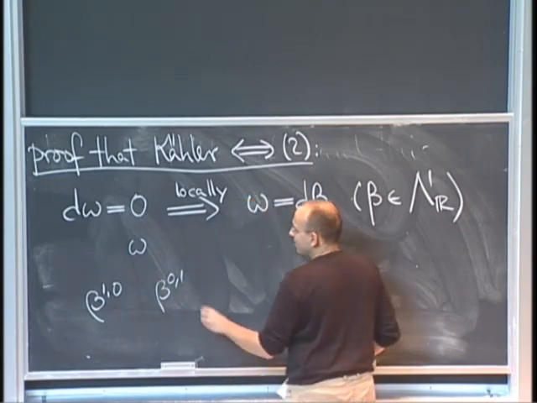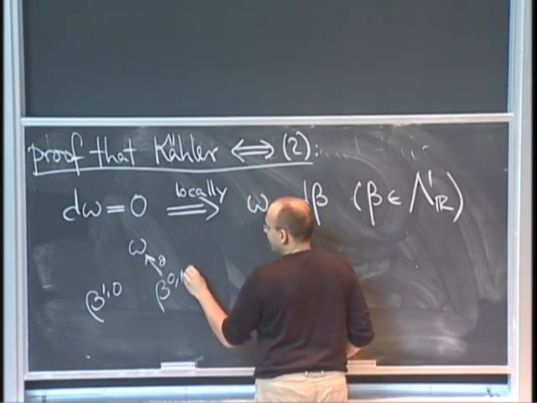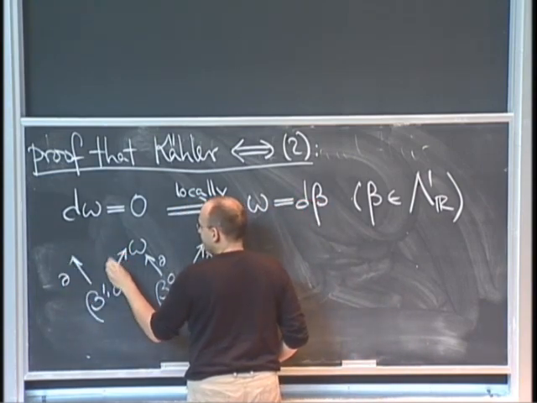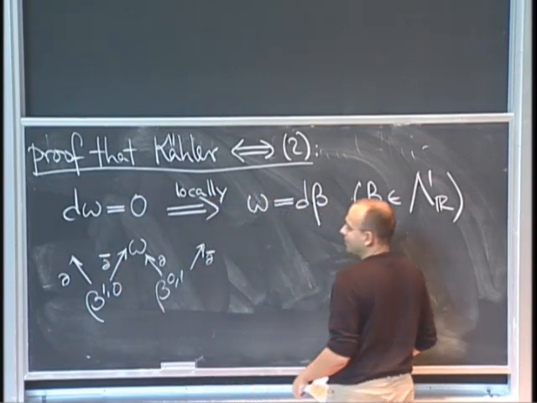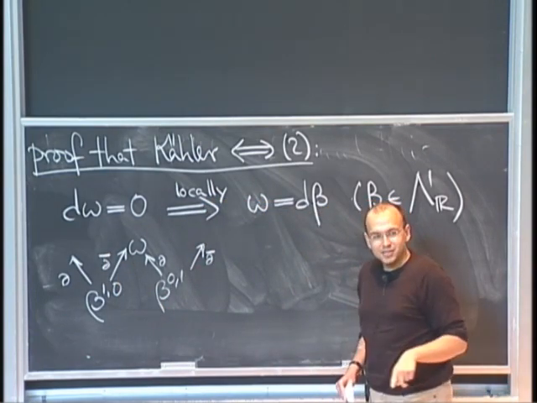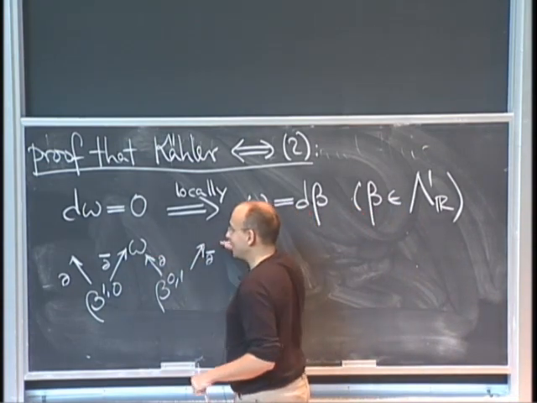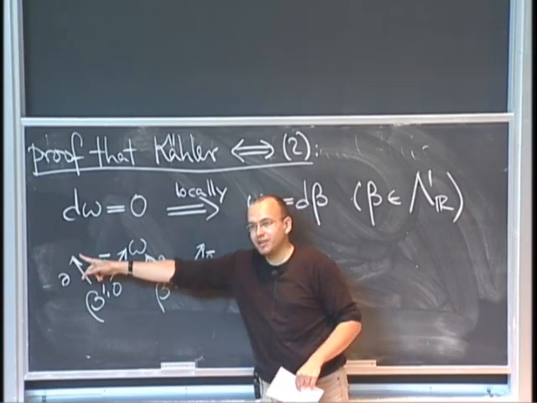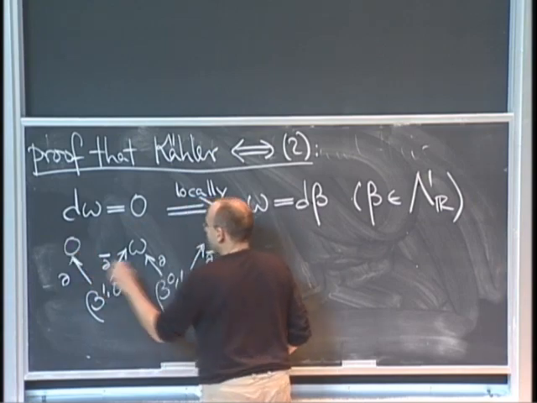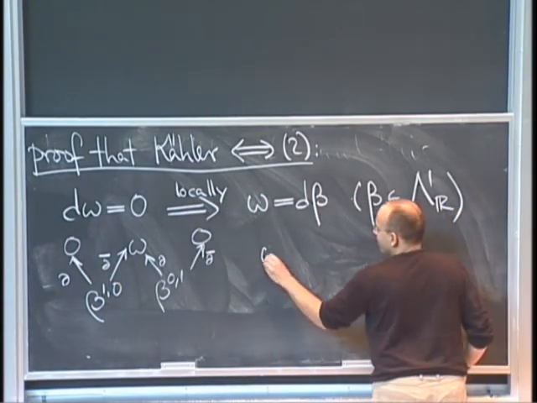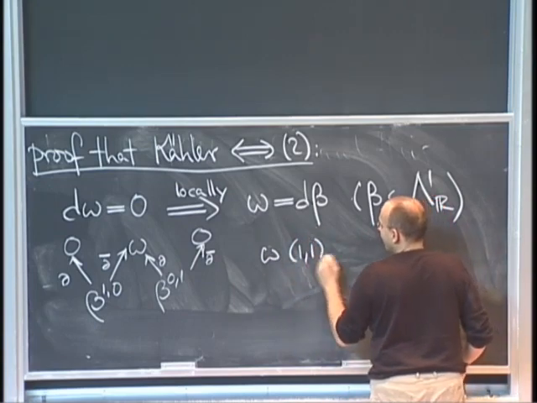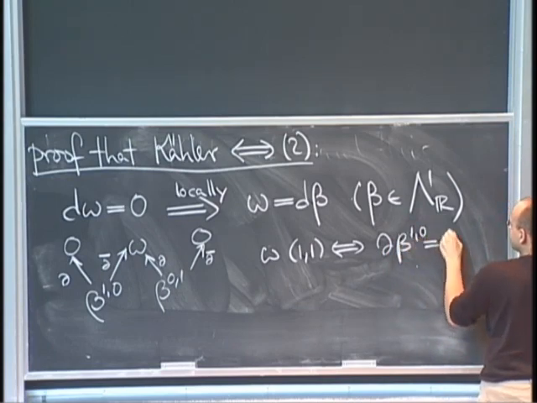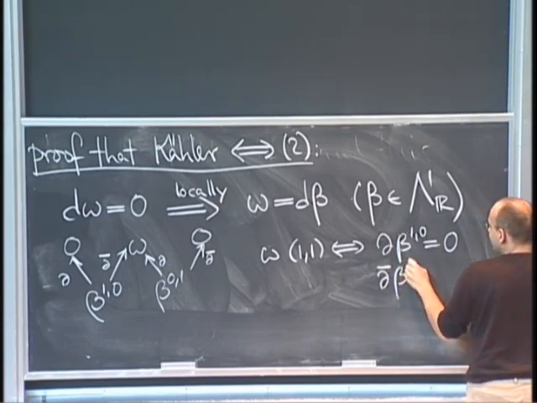Omega sits in the 1-1 forms. I have del going up here, del bar going up there, and d equals del plus del bar. So the sum of all of these has to be the Kähler form, but the Kähler form is a 1-1 form, so it doesn't have any (0,2) components and it doesn't have any (2,0) components. So there's a 0 here and a 0 there. Omega being 1-1 is equivalent to the fact that del of beta^(1,0) is equal to 0, and del bar of beta^(0,1) is equal to 0.